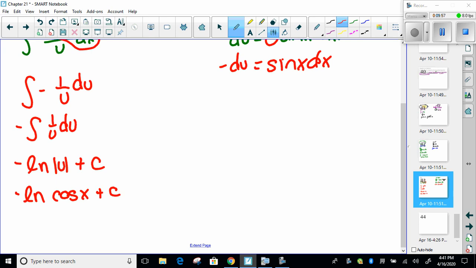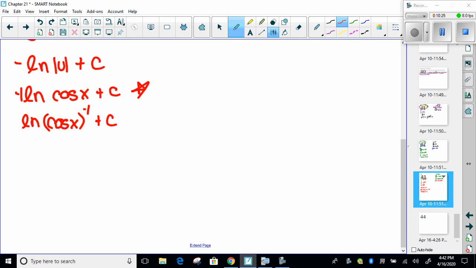I integrated it. One other thing, if you remember log properties, my Algebra 2 folks are doing this right now. This, remember, is a -1 in front. So again, totally fine answer, you could leave it here. But if they said which of these could be possible solutions or something like that, you can have multiple situations. So a negative multiplier on a log becomes the exponent. So this is equivalent to the natural log of the cosine of x to the negative first power plus c. So that's my argument, is the cosine of x.